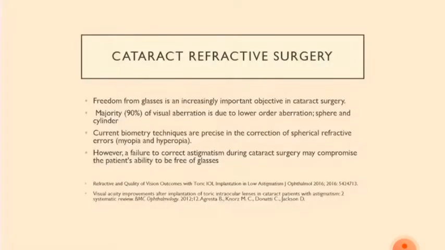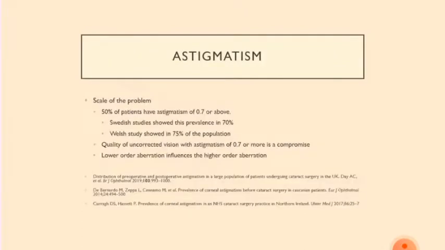There is another aspect called higher order aberration, which we need to be aware of, but that's a different conversation altogether. We are excellent at correcting the spherical lower order aberration, but it's the cylindrical lower order aberration where I believe we need to give it more attention now.